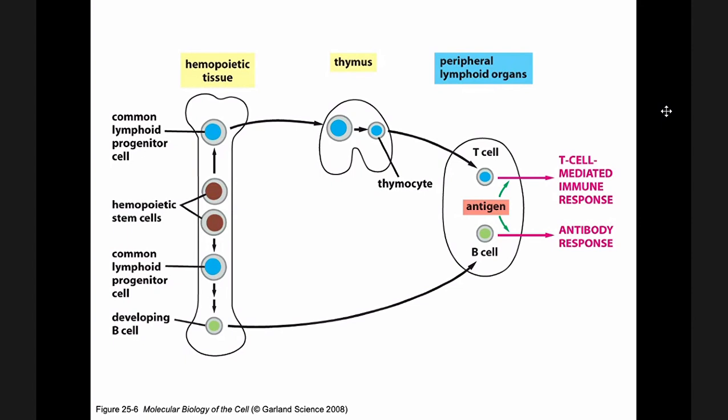Okay, this is not to say that this is 100% foolproof, because some people tend to develop autoimmune diseases: diabetes, rheumatoid arthritis, myasthenia gravis, multiple sclerosis.